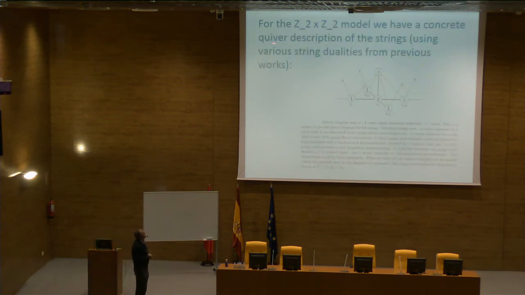In fact, for the Z2 times Z2 model, we have a concrete cover description of the strings. Namely, from the previous works on the local cover theories that you get for the O-1 theories, you can actually write down the theory that you get on the corresponding 1 plus 1 dimensional strings for the 0, 4.